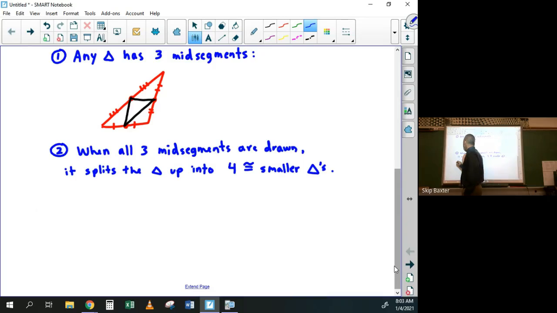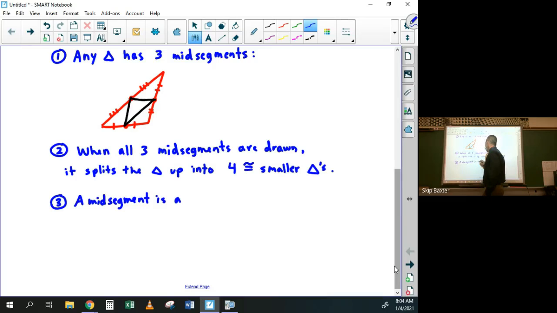Another important fact about mid-segments is a mid-segment is always parallel to the opposite side, to the third side. Mid-segment is always parallel to the third side.